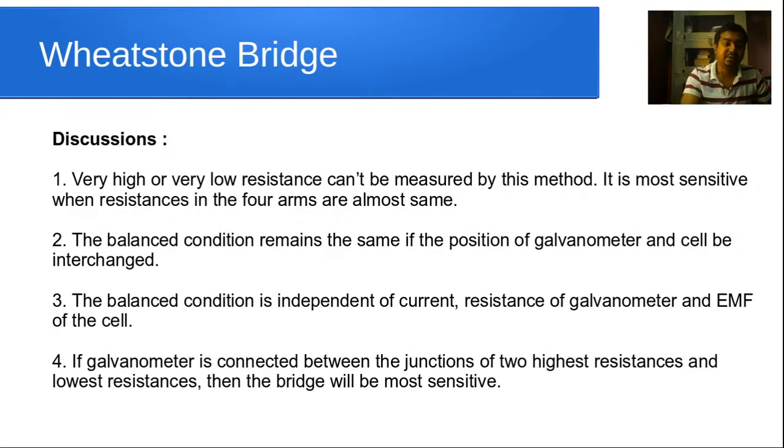Now the fourth point is, if the galvanometer is connected between the junction of the two highest resistances and the junction of the two lowest resistances, then the bridge will be most sensitive.